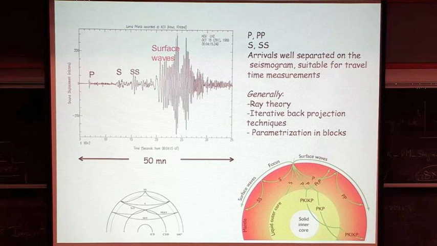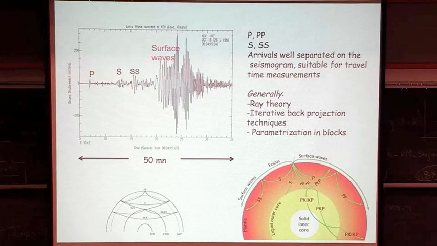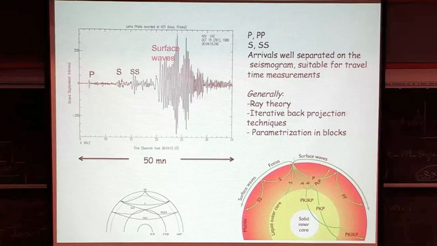All these phases, PP, PPP, S, and SS, are still relatively well measured. The arrivals are well separated on the seismogram. There are some issues of noise, but they're suitable for travel time measurements. The other thing is that ray theory for P waves, at least, works pretty well.